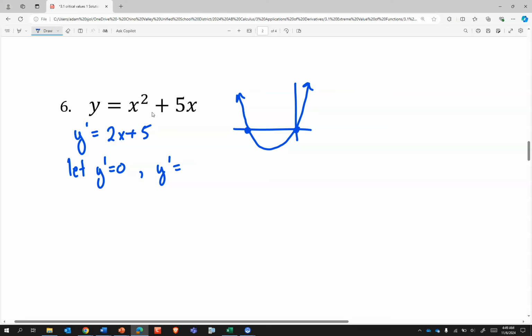And if a polynomial or anything is differentiable, that means its derivative is always defined. So I'll write that. Y prime is always defined. 0 equals 2x plus 5, subtract 5, divide by 2. X equals -5 halves.